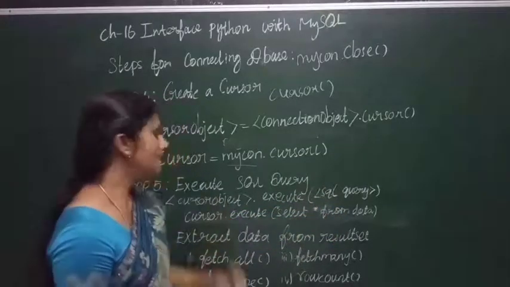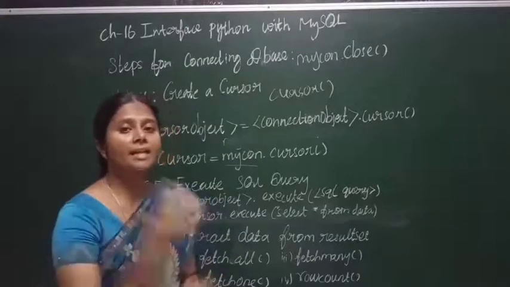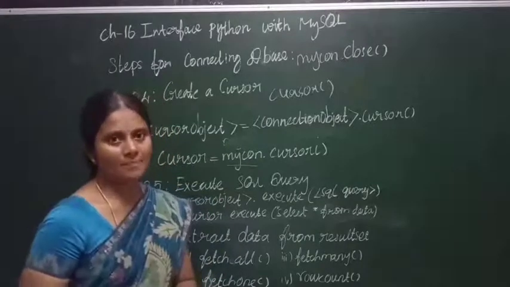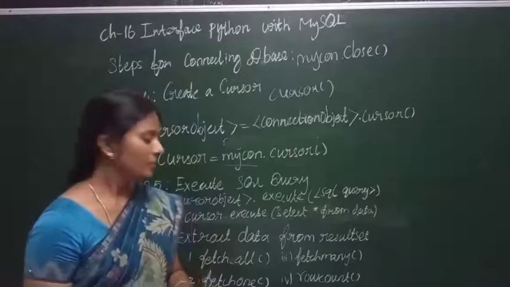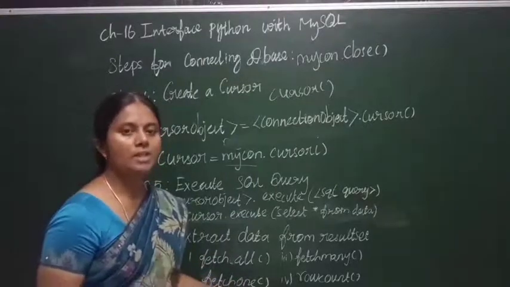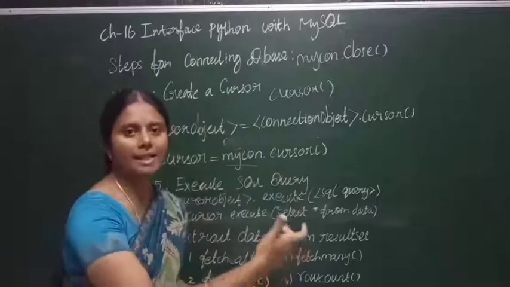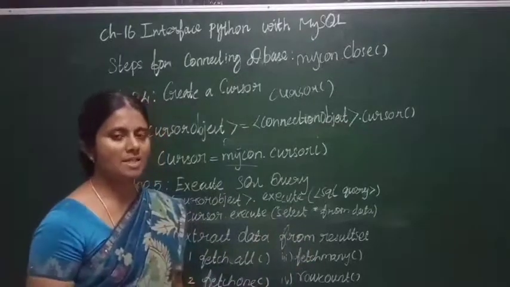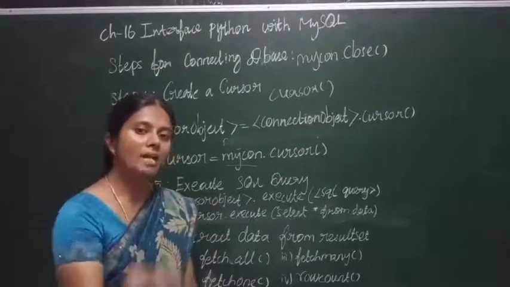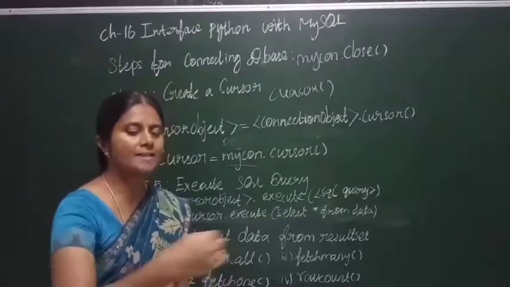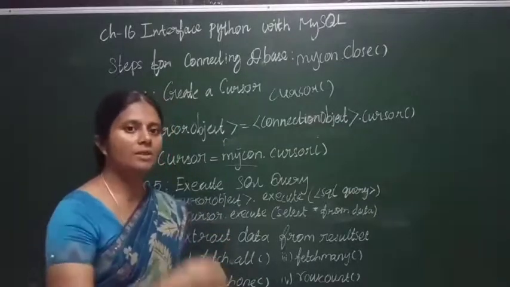The sixth step is extract the data from the result set. There are 4 functions to extract the data from the result set. First one is fetch all. It is used to fetch all the records from the database. Fetch one will fetch only one record, and next time it will fetch the next record. It will continue.